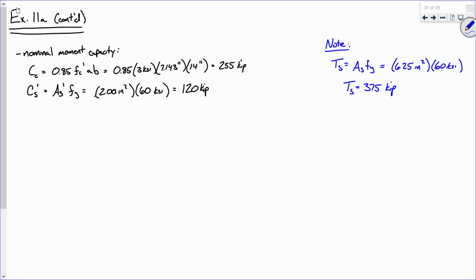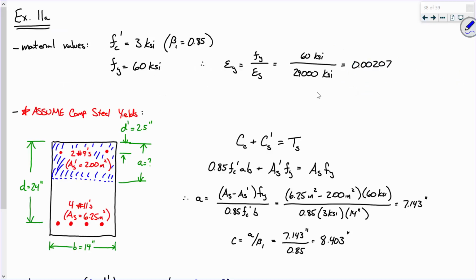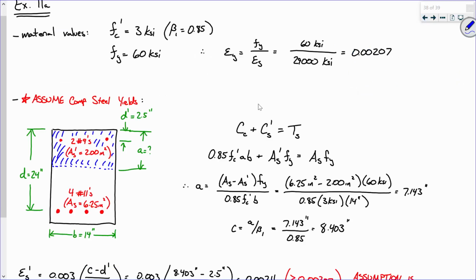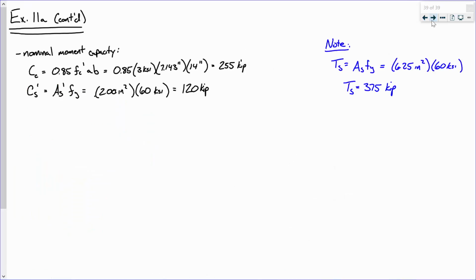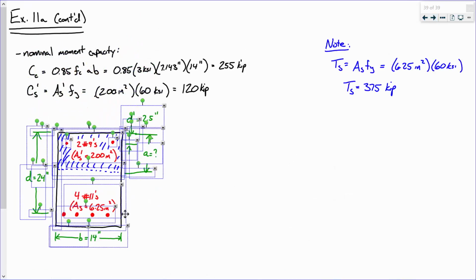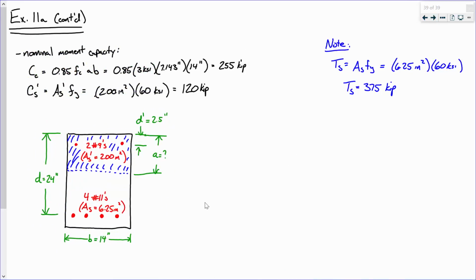If you understand that, then to get the moment capacity, it's pretty straightforward. Does everybody have this written down? Because I want to refer back to the previous slide. So here's the beam.